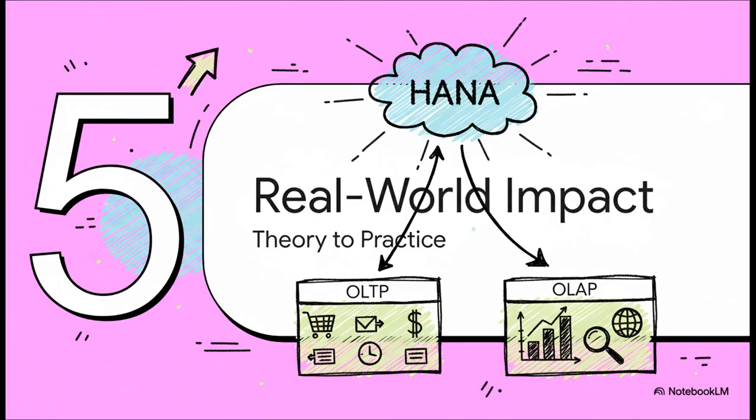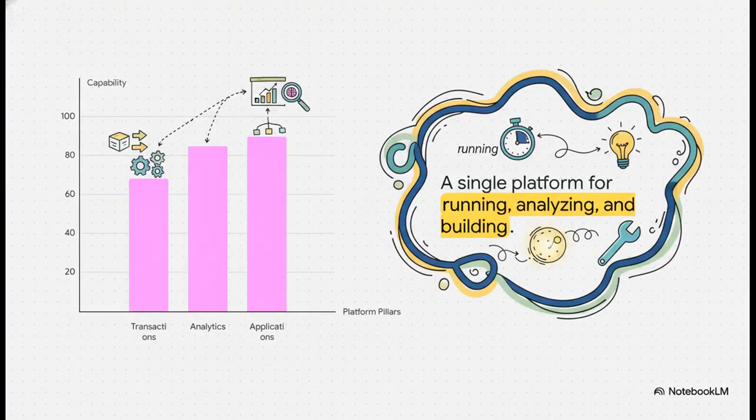and all this incredible speed translates directly into smarter, faster decisions. And here's a really key insight. HANA isn't just a database, it's a complete platform. Because it can handle both transactions and analytics so incredibly well, you can build and run your most important business applications like SAP's S/4HANA directly on top of it.